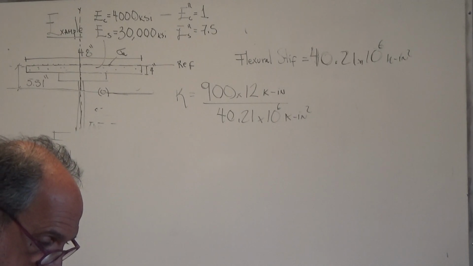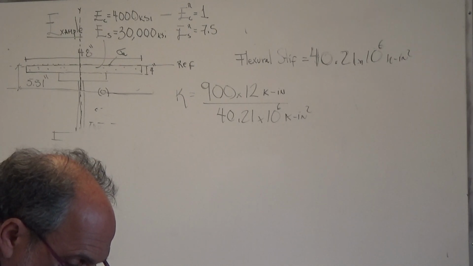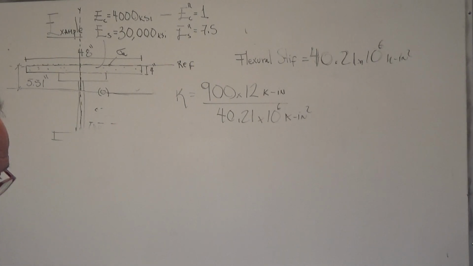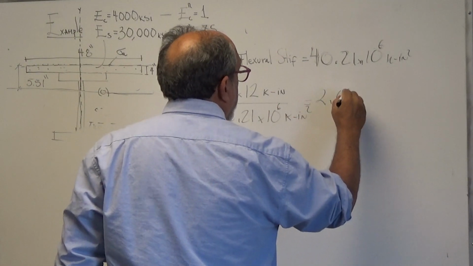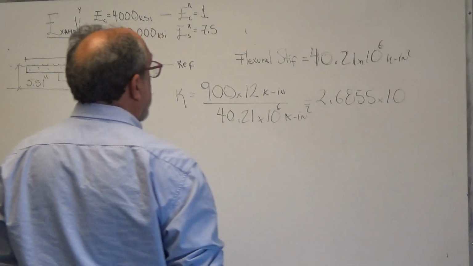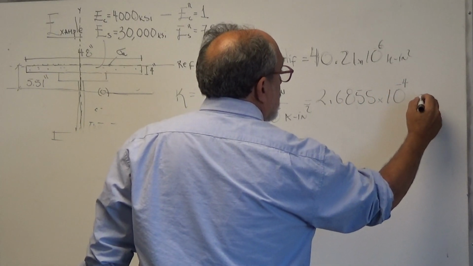The answer is equal to, let's see, I don't know why this thing decided to change the format on me. I believe it's 2.6855 times 10 to the minus 4 inches to the minus 1.